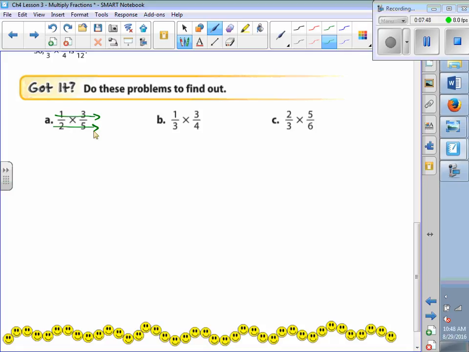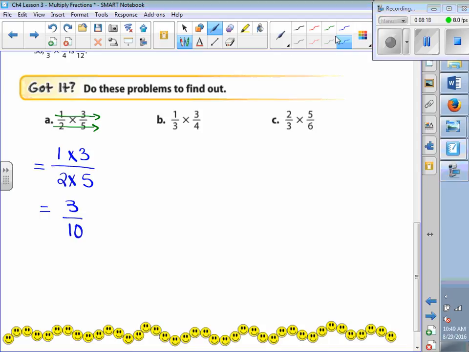So, we're multiplying 1 times 3 in the numerator, and we're multiplying 2 times 5 in the denominator. Okay? When we do that, we end up with 3/10. Simple as that. Good?